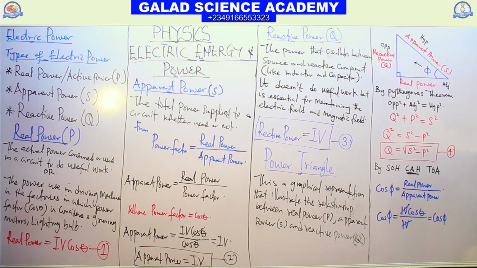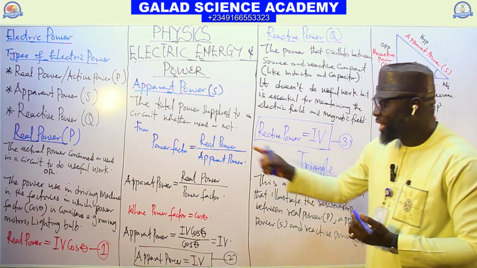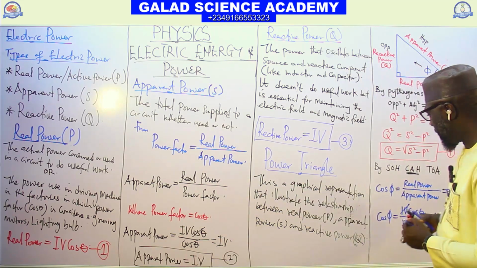You know, if you look at this cos, it is the same thing as power factor. Therefore, you can now say the power factor is real power over apparent power.